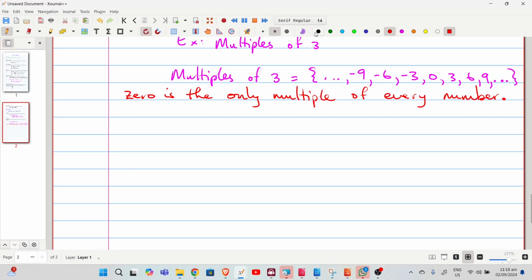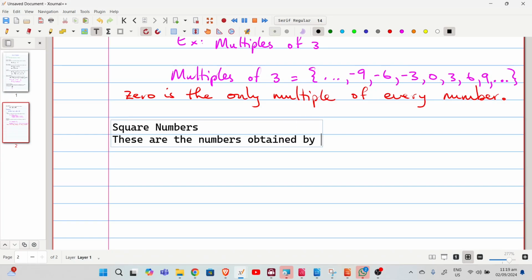Next one we have is square numbers. These are the numbers obtained by squaring an integer, right?